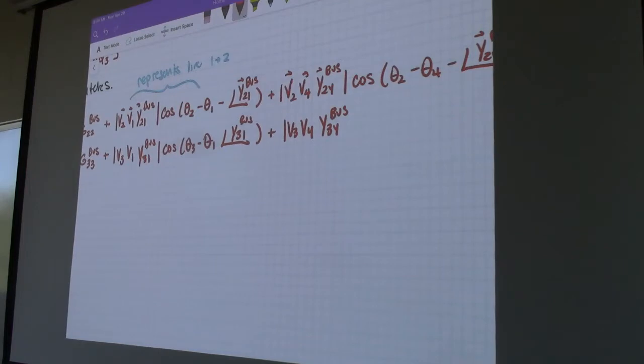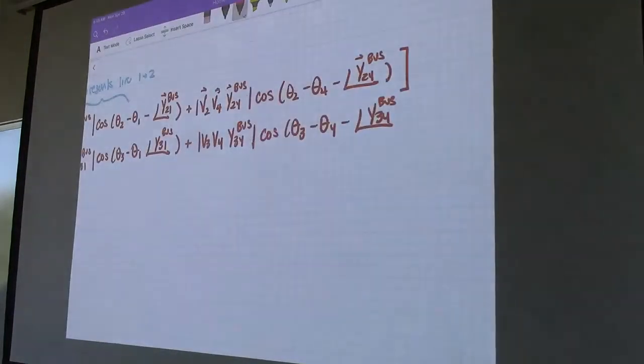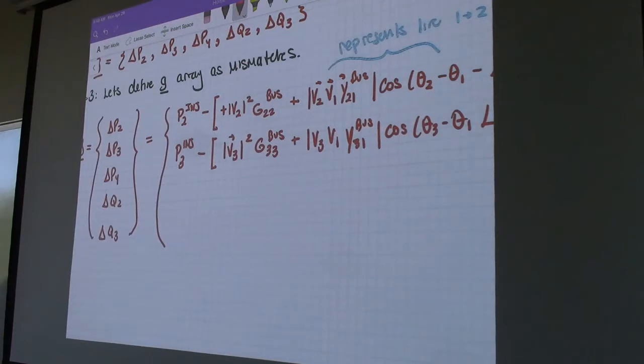Let me make sure that connection's right. Yeah, Y34. Okay, cosine of theta 3 minus theta 4 minus the angle of Y34 bus. Okay, now let's skip P4.